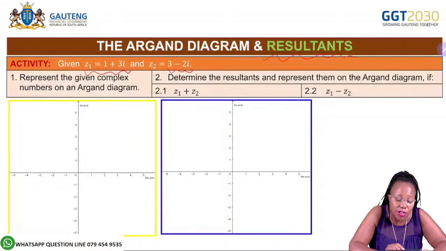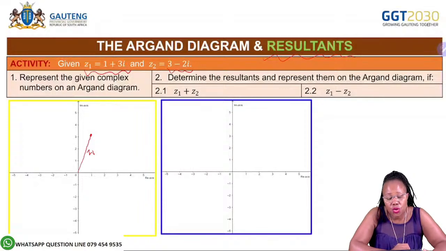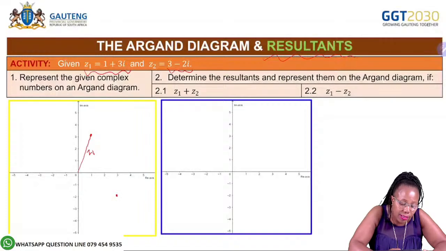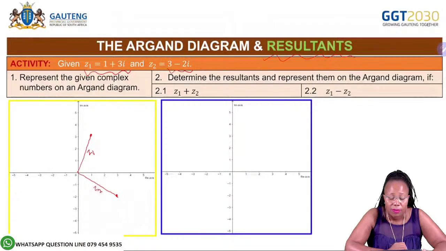Okay, then if we have Z1, we are having 1 coordinating with positive 3 there, that is the Z1. And then Z2, we have 3 coordinating with minus 2 there, that is the Z2. Okay, we have represented them.